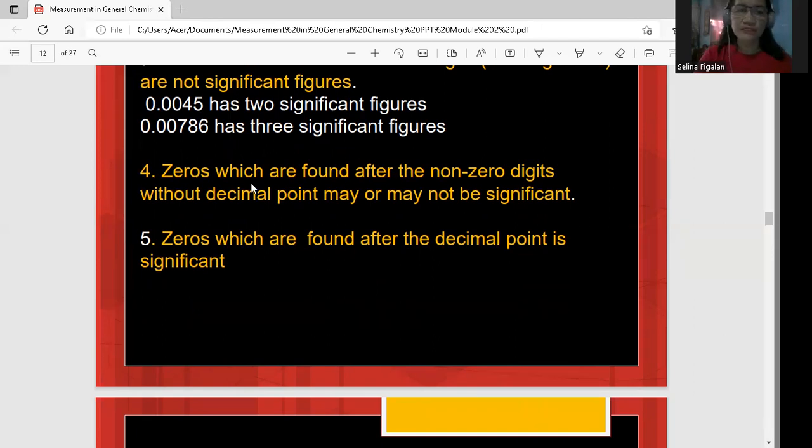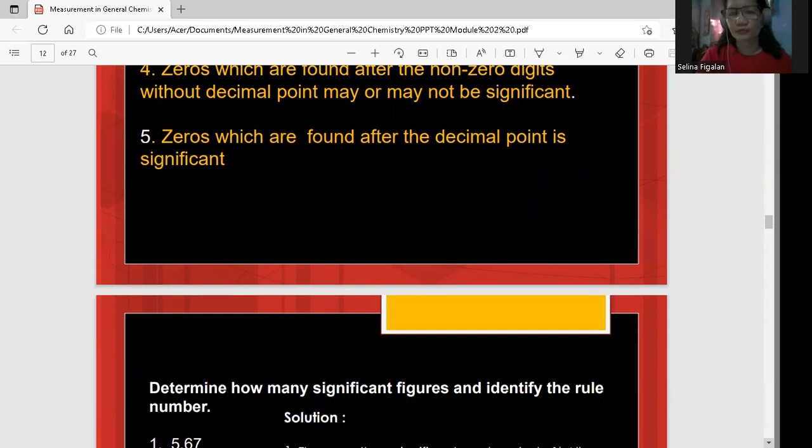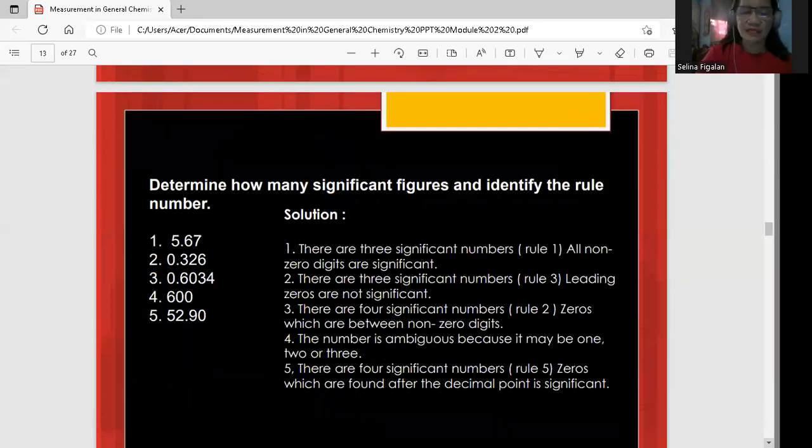Kaya nga zero ang result dito with the number 4 is that without decimal point may or may not be significant. Kasi parang hindi siya, you cannot point out na talagang kailangan, which are considered as significant. But based on this example, and based naman sa reference is that, like for example, here in number 4, this is 600, but this is ambiguous because it may 1, 2, or 3.